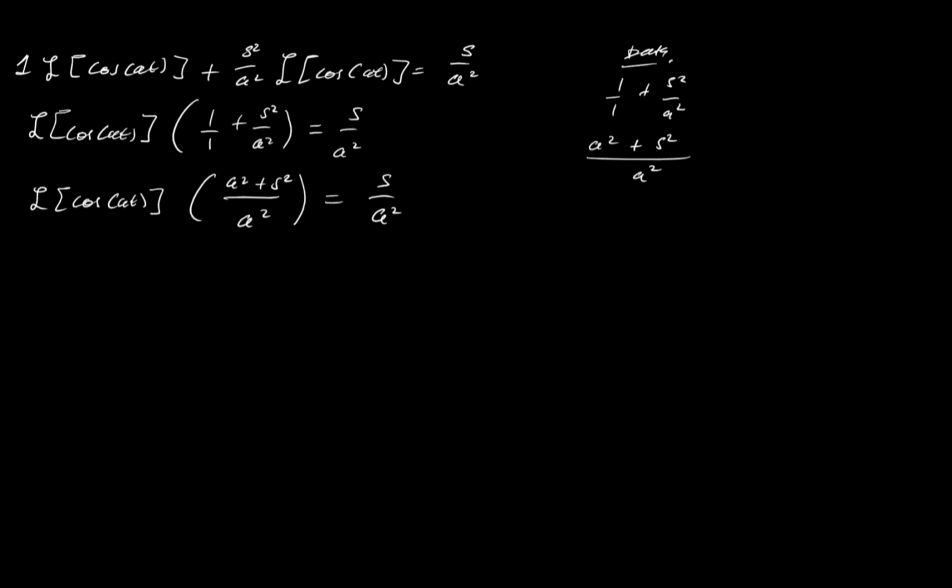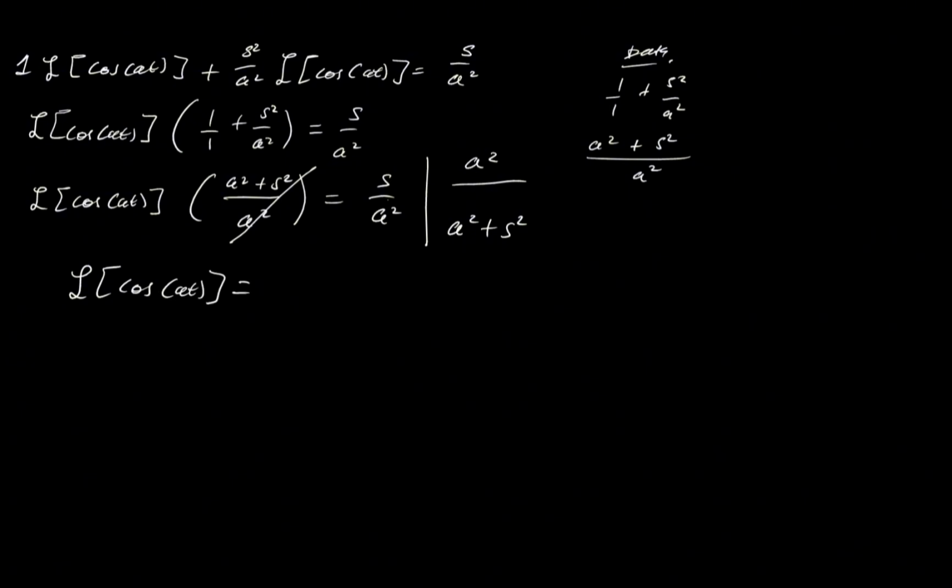Now, to find the Laplace of cos at, we need to multiply the entire equation by the inverse of this, which is a squared over a squared plus s squared, which will cancel this, and we just remain with the Laplace of cos of at being equal to s times a squared.